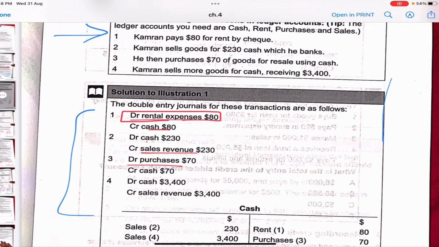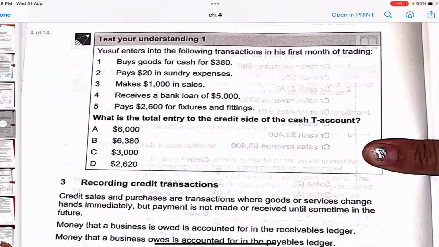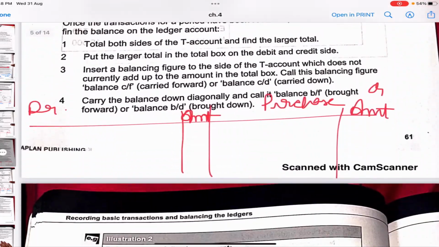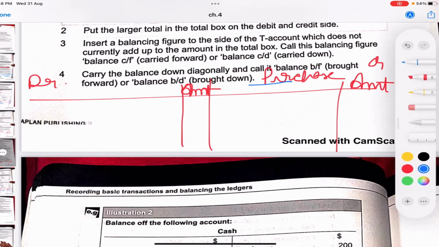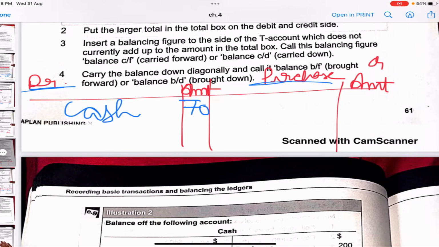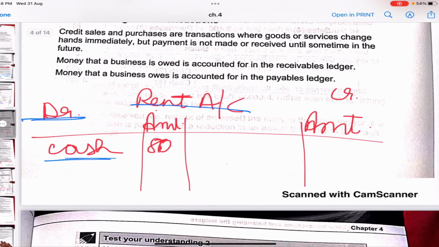Purchases account gets debited by 70 and cash gets credited by 70. Purchases account gets debited by 70, right? With what? With cash. And cash gets credited by 70.